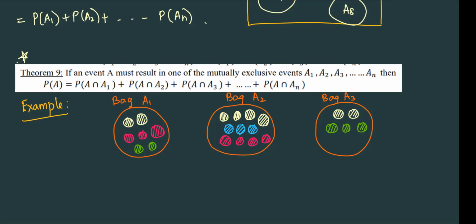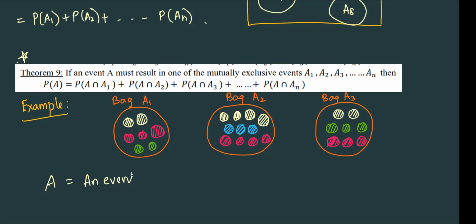So there are different bags and there are different colored balls in each bag. Now from these three bags, I randomly choose one ball at random. A is an event.